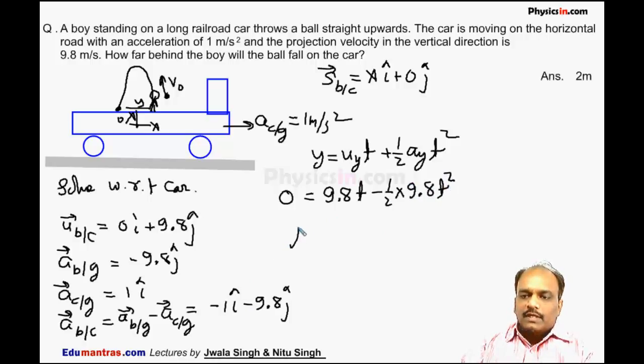So from here we get t, that is equal to, this 9.8 will cancel out, 2 seconds. This is the time when the ball will strike the floor of this car.